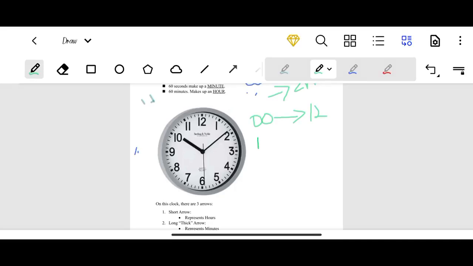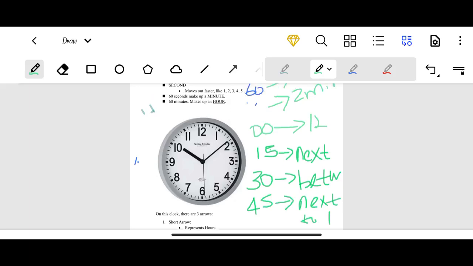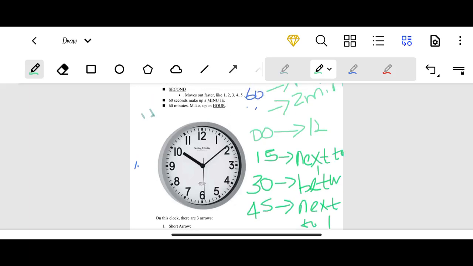If we are dealing with 15, it is supposed to be next to 12. If we are dealing with 30, it's supposed to be between 12 and 1. If we are at 45, it's supposed to be next to the next number, which is 1.